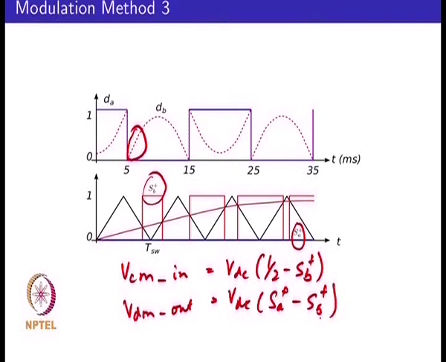So, by not being careful about which leg you are switching at the appropriate rate, you could end up exacerbating the problems that you are facing in your power converter without getting any advantage either at the input or at the output.